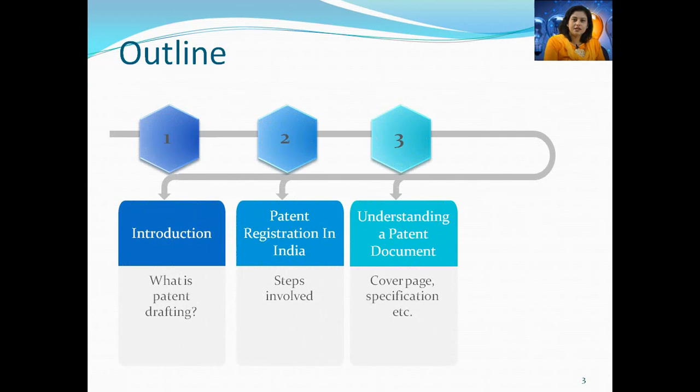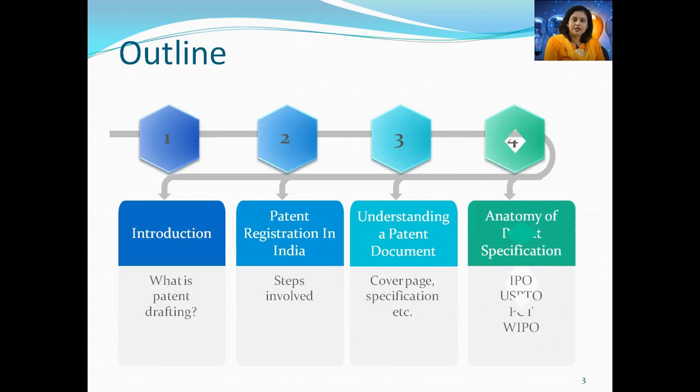A patent document mainly consists of various subparts like cover page, front page, specification, claims, abstract, summary, outlines, patent drawings, etc. Fourthly, we will touch upon the anatomy of patent specification with respect to IPO or Indian Patent Office, USPTO, United States Patent and Trademark Office, PCT, the Patent Cooperation Treaty, and WIPO, the World Intellectual Property Organization.